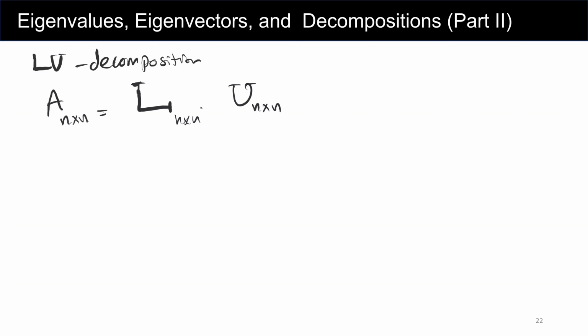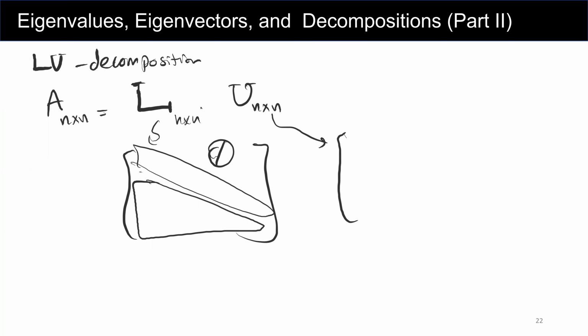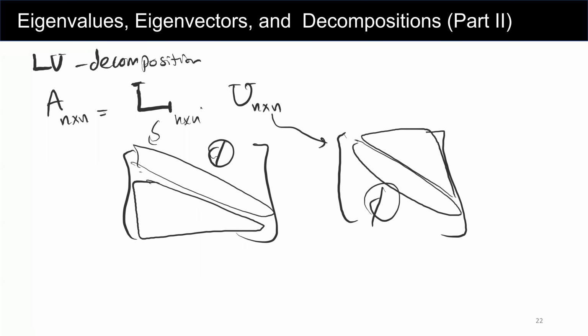For the lower triangular component, this is a matrix with the diagonal elements, the lower elements, and here we have all zeros. For U, the upper triangular, we have these elements. There are some non-zero elements here, and this is 0.